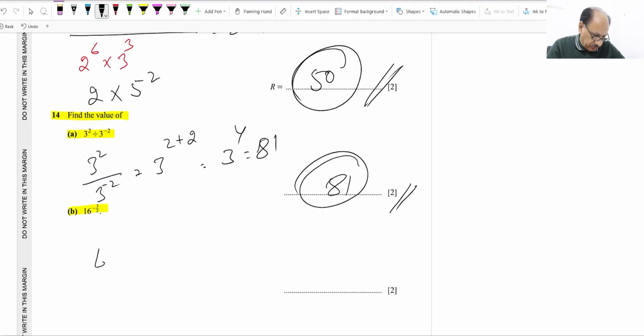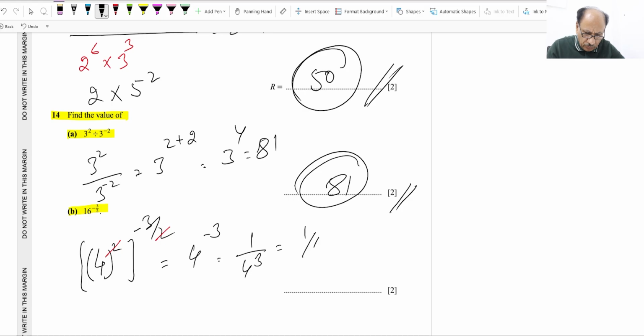So we can write 16 as 4 square and the whole raised to the power minus 3 by 2. The 2 and 2 we can cancel, and then we can write it as 4 raised to minus 3, which further we can write as 1 over 4 cube, which is equal to 1 over 64, and this will be our final answer for 2 marks.